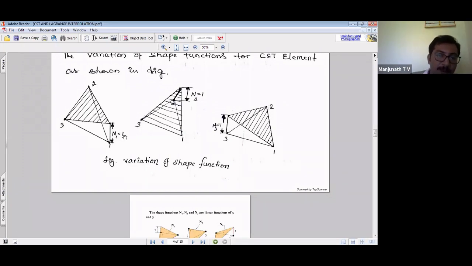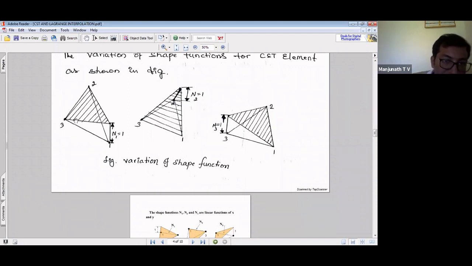What is the first property of the shape function? At one node, if it has unity, the remaining nodes have n1 value 0. So from this point, if n1 value is 1, then toward the remaining nodes the n1 value will be 0. As it moves away, it decreases: 0.5, 0.3, 0.2, 0.1, then 0.